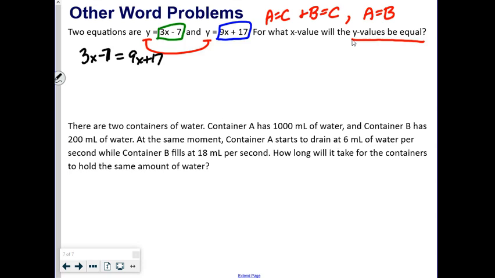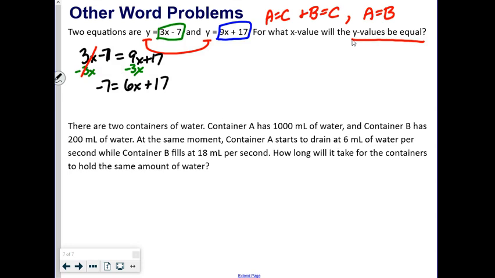On the right, 9x, 17, they're not like terms. Okay, so we need to cancel one of the x terms. And I'm going to go with the 3x by subtracting, because that's a positive 3x. And then that'll cancel here. That'll leave me with negative 7 equals 6x plus 17.